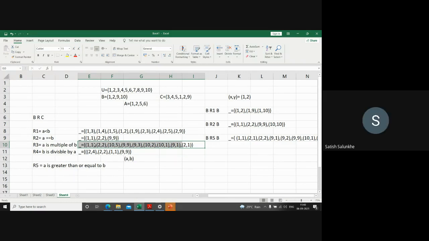Hussein is saying no, it is not transitive. Hussein, can you justify? Sir, (10, 5) belongs to R, but (5, something) doesn't belong to R3. That doesn't mean it is violating the condition. The condition is violated when (x, y) belongs to R and (y, z) belongs to R, for which (x, z) is not there in R. If you have (x, y) belongs to R and there is no (y, z) belonging to R, nowhere is it violating the condition.